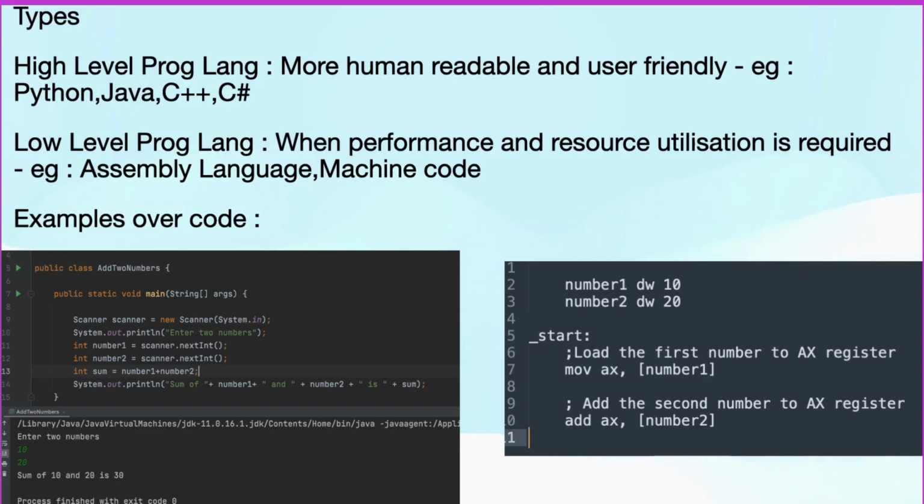If you see both of the codes, the left side is the high level programming language, which is in a more human readable form and is quite user friendly. So throughout this channel we'll be going through high level programming languages and we'll be starting with Java.